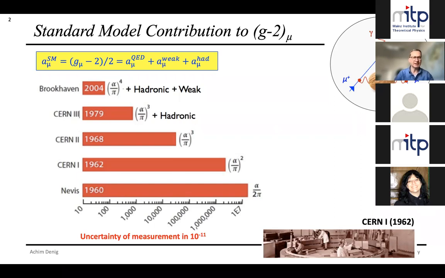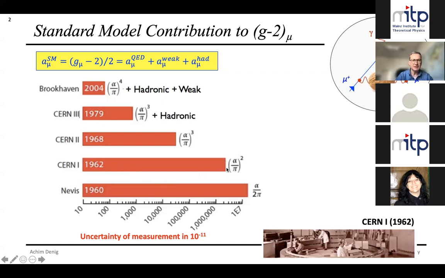This endeavor started in the 60s. And in the 60s, it was possible to measure for the first time exactly this quantum correction due to Schwinger, the deviation from 2. You insert a muon in a magnetic field, and you measure precisely the spin precession in this magnetic field. Now, in each generation of the experiments, which you see here, the accuracy has been improved.